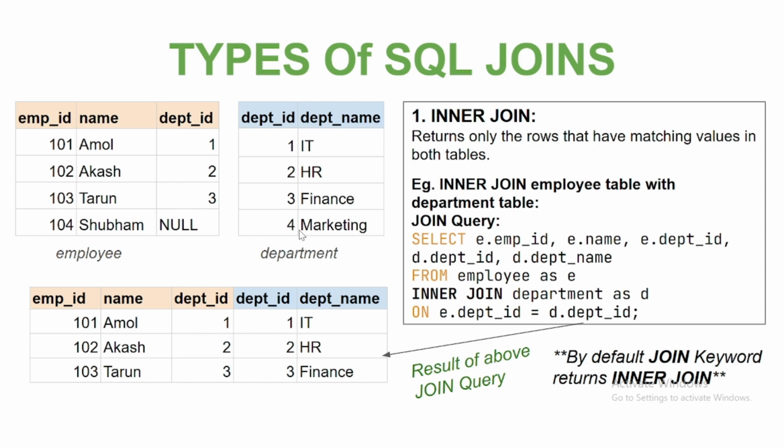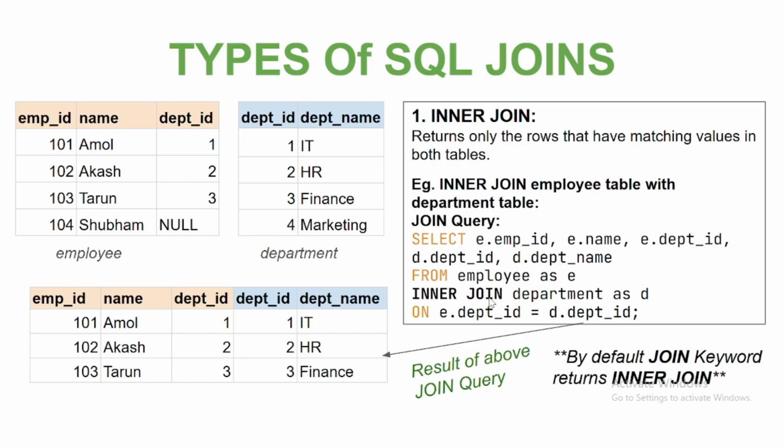Then it will cross check department ID 4 with the employee table. Do we have any employees with department ID 4? No, guys. That's the reason the 4 and marketing department information also didn't come, because inner join only returns the rows that have matching values in both of the tables. And this is the query. How do we write an inner join? Select column names from both of the tables with respect to their alias names, and from the employee table, which will be E, with the alias name mentioned, and then inner join.